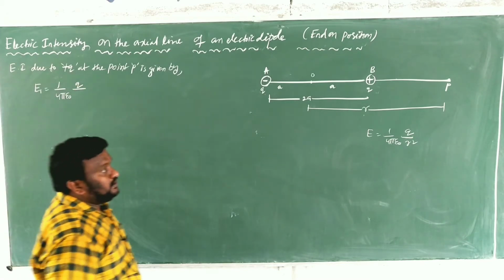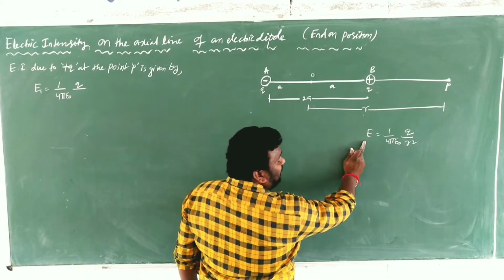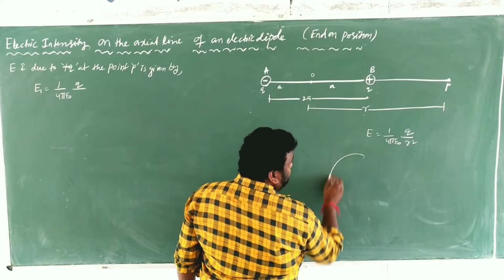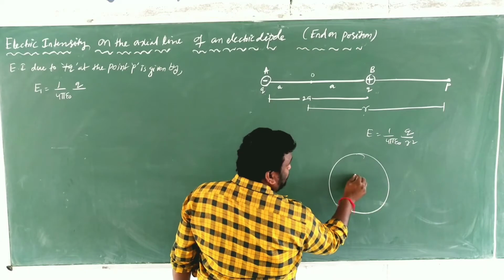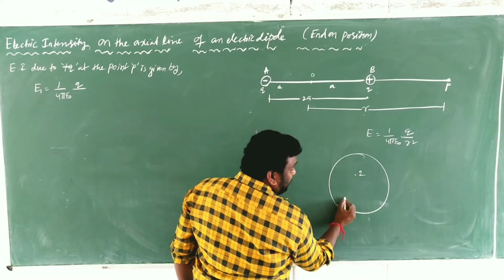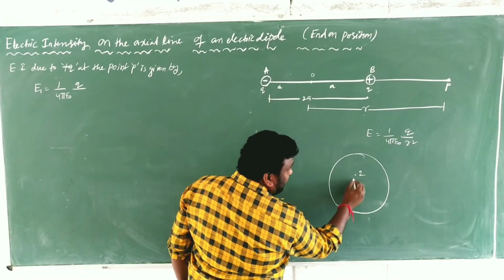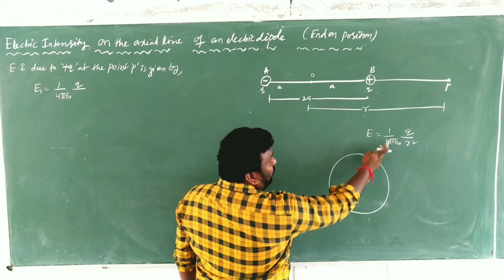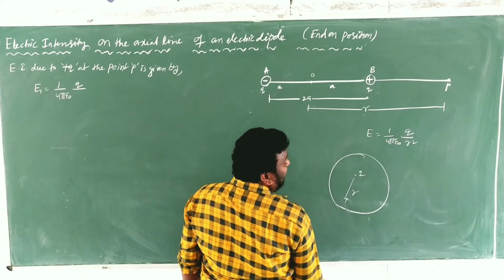children, here the general formula is what? Q by r square. What is r? If some charge is there and we select some point P here at a distance r, then we write the formula 1 by 4 pi epsilon naught Q by r square.